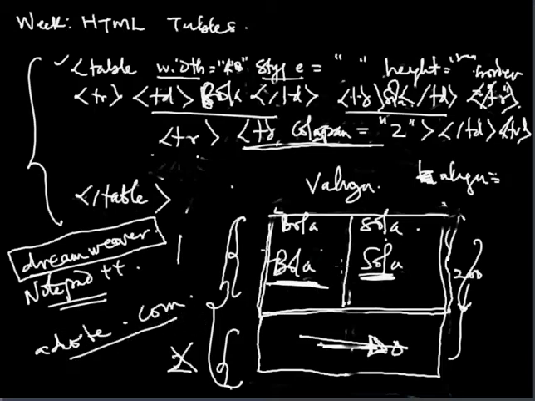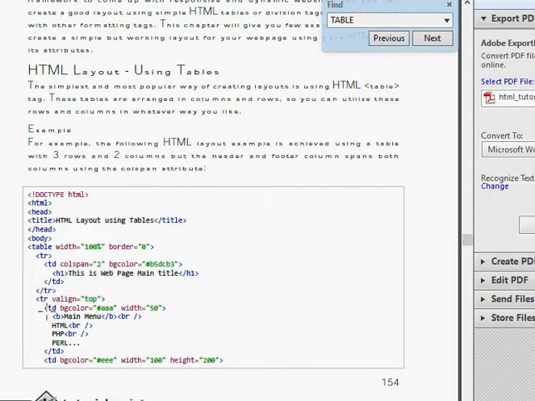Okay, so let's go back to our HTML. Can you see the TD and TD close? These are content inside it. Remember, we talked about all these bold tags. This is a bold tag, and this is a break. This is another break, and this is text.